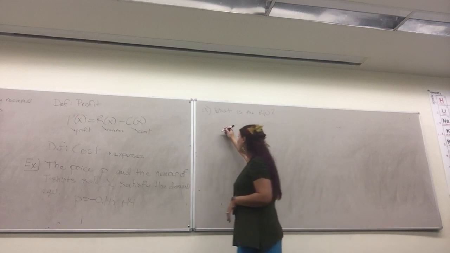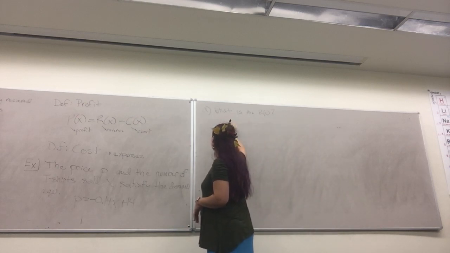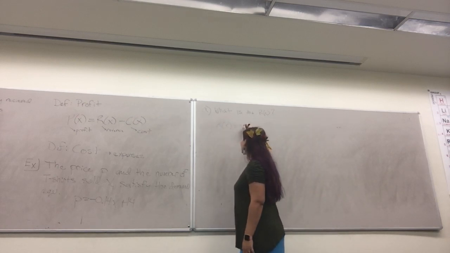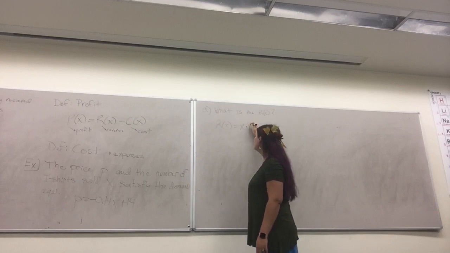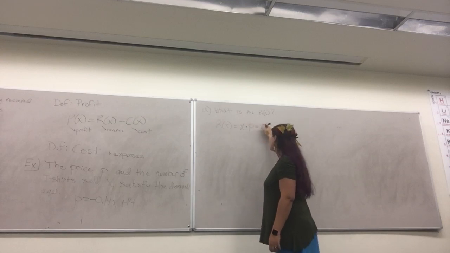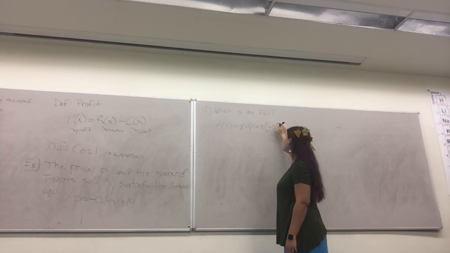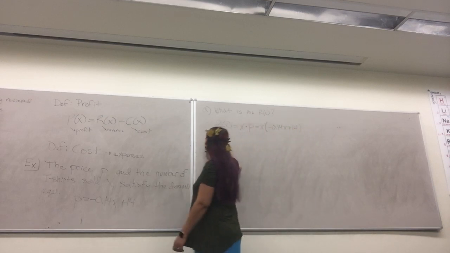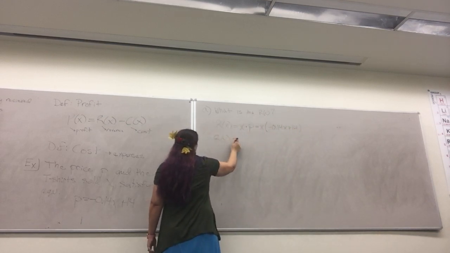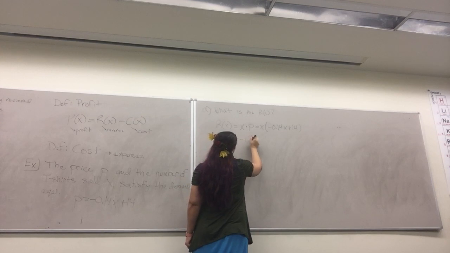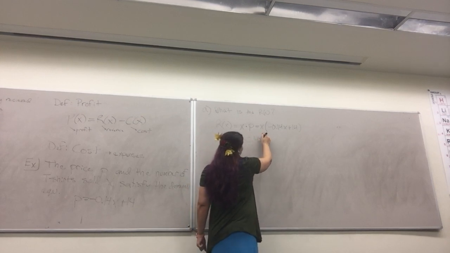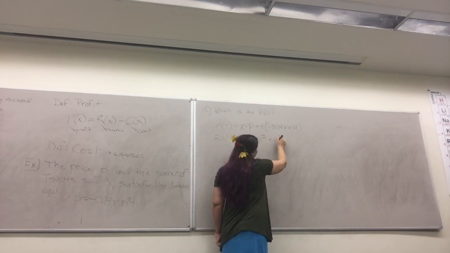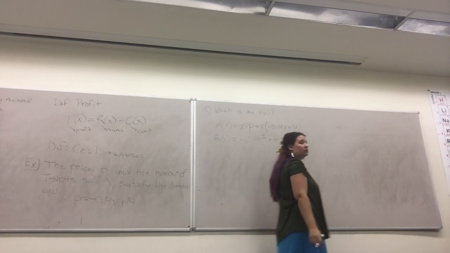Okay, so all we do for R of X is we take X times P, which is X times negative 0.14x plus 14. So then we can simplify. So R of X is negative 0.14x squared plus 14x.